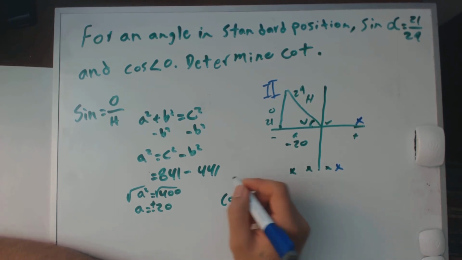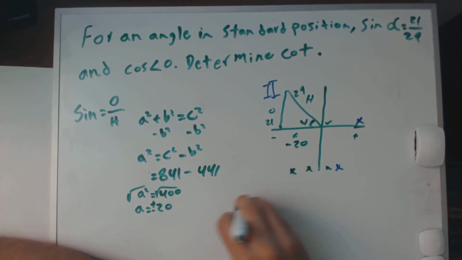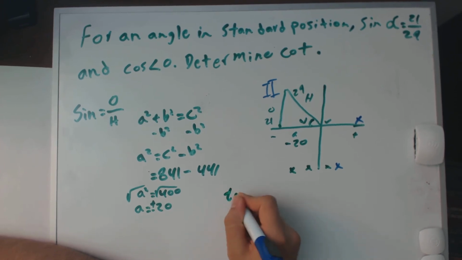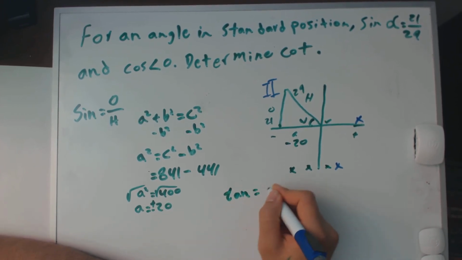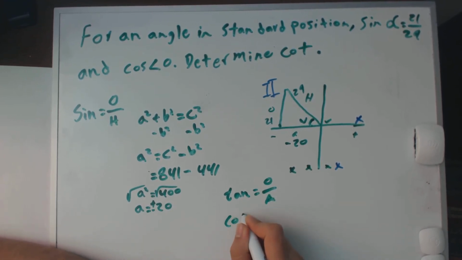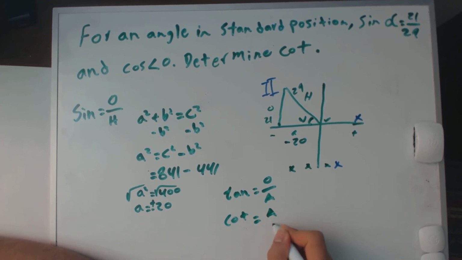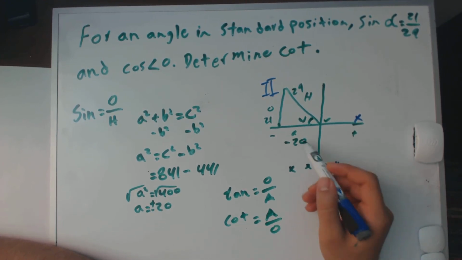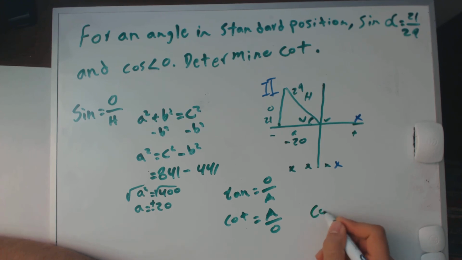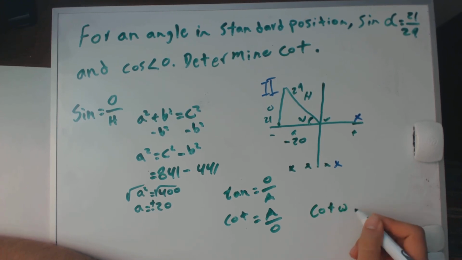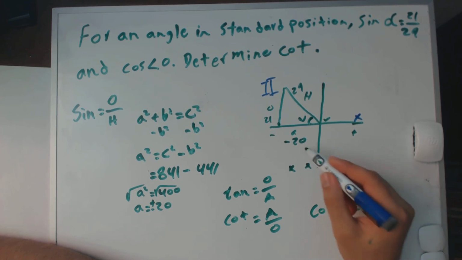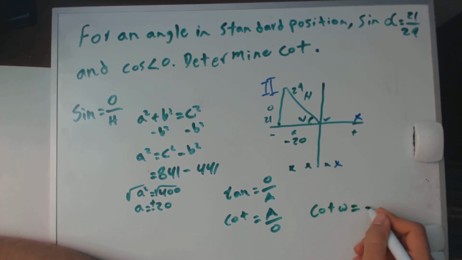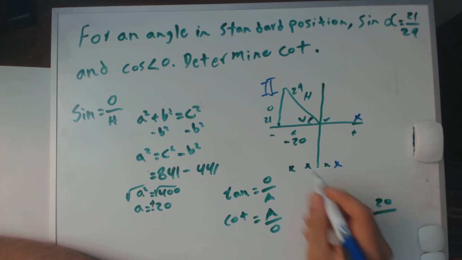Oh no, the tangent is opposite over adjacent, and cotangent will be adjacent over opposite, which is, we can say, the cotangent of omega is equal to negative 20 over 21.